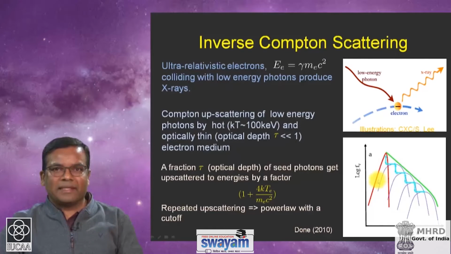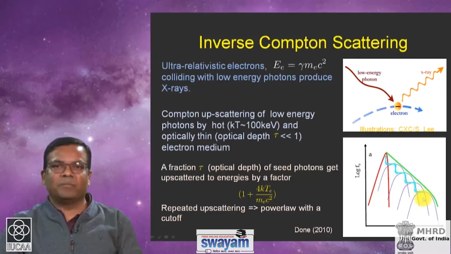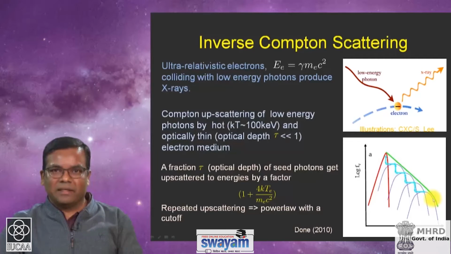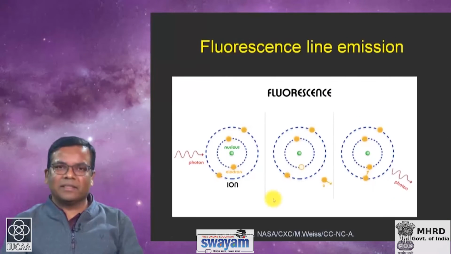In the second scattering step, again this fraction tau of the photon spectrum is upscattered to higher energies, and this process continues due to multiple Compton scattering. If you add all these spectra over the energies, then you get a power law which cuts off at higher energies, because the photons cannot gain energy more than the energy of these electrons. Therefore, this cutoff. The three processes I mentioned essentially give rise to continuum radiation.